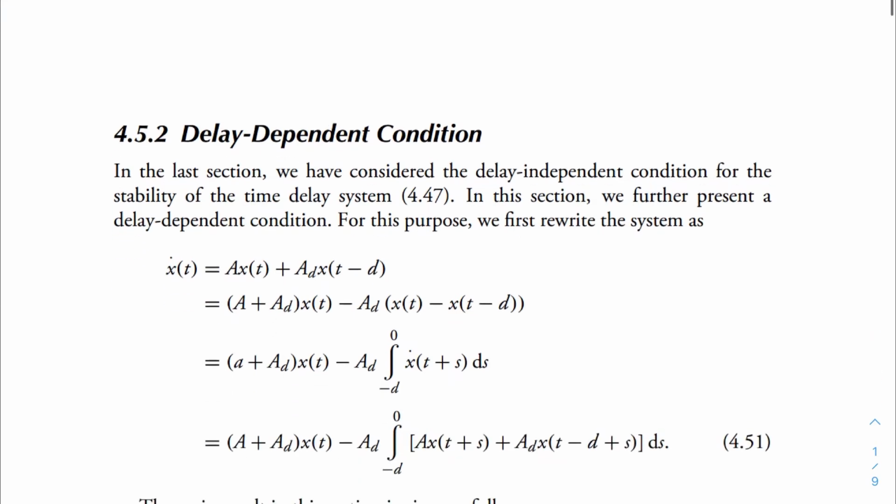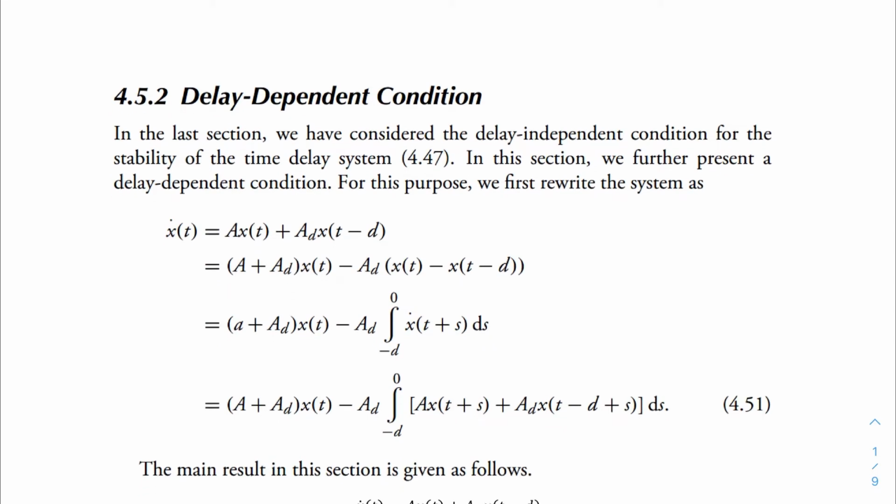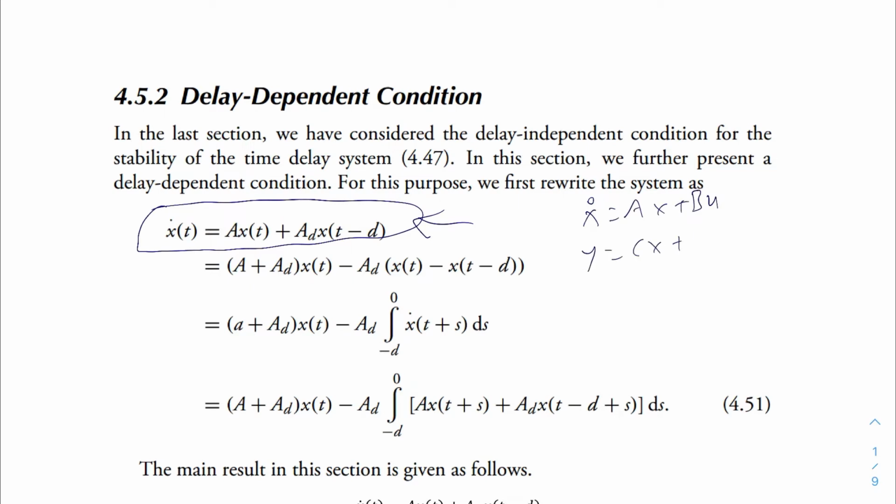Okay, so let's begin. Delay dependent condition. Here, this is given. This is the typical, for example, x dot equals Ax plus Bu, y equals Cx plus Du. You write that immediately, right? You know that by heart, right?